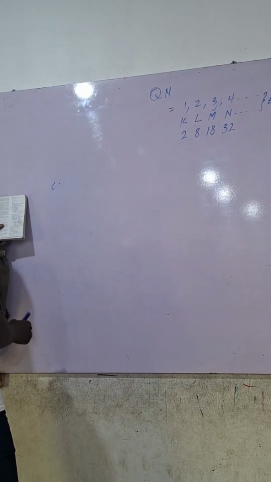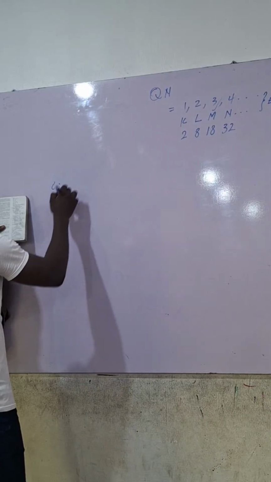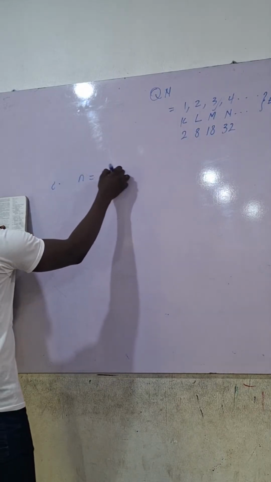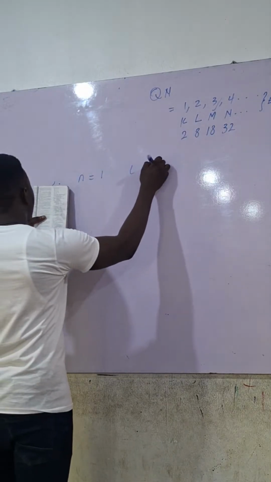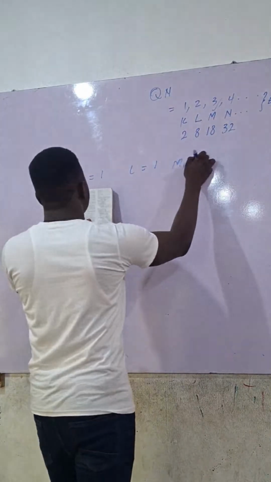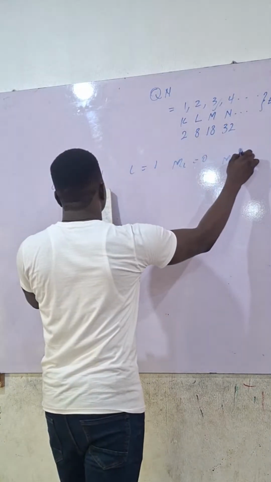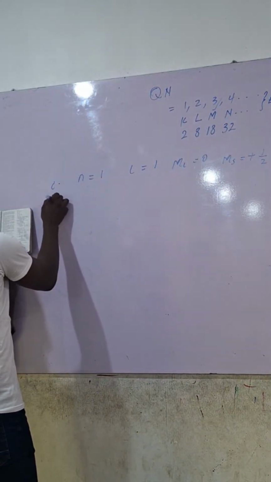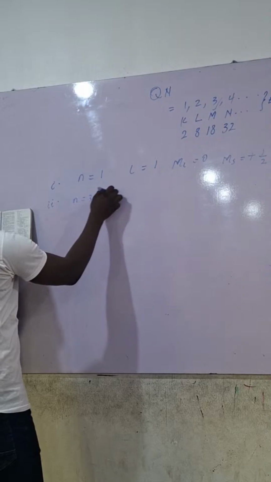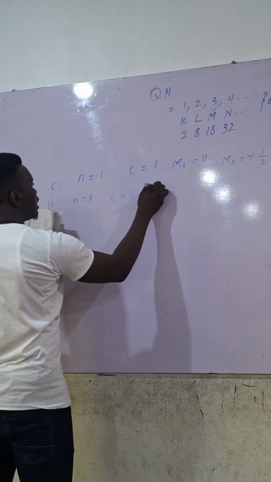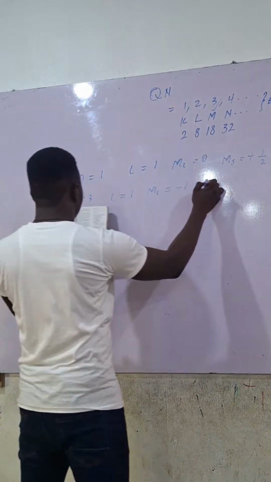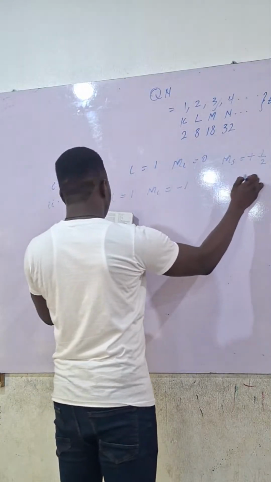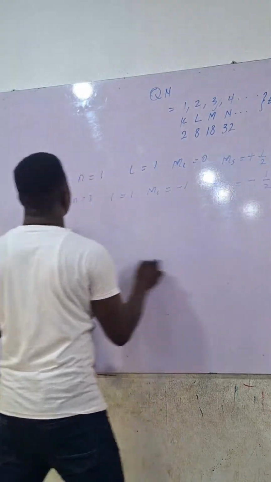Which of the following sets of quantum numbers is permissible of an electron? Roman figure 1: n is equal to 1, l is equal to 1, ml is equal to 0, ms is equal to plus 1 over 2. Roman figure 2: n is equal to 3, l is equal to 1, ml is equal to minus 1, ms is equal to minus 1 over 2.